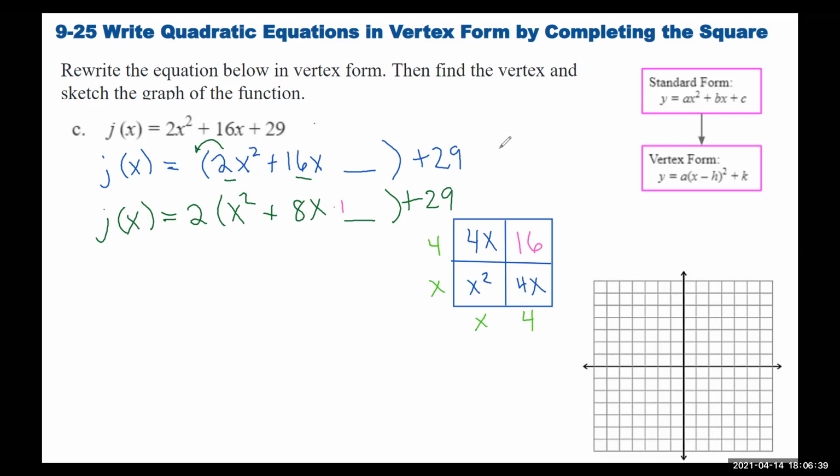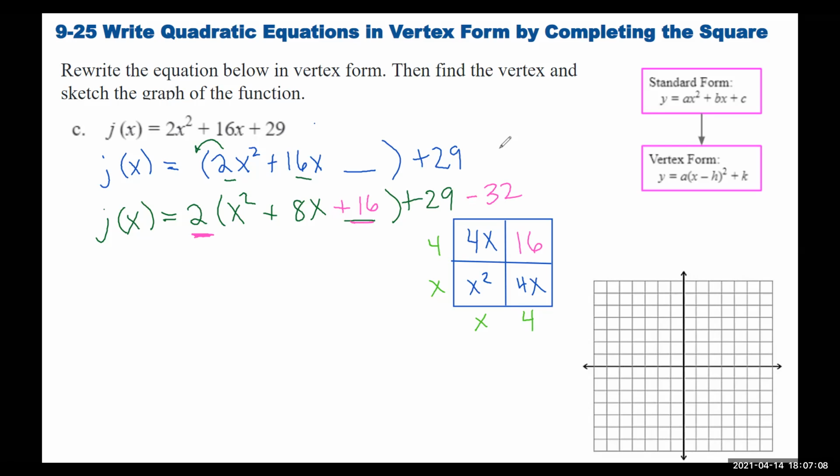So I do add 16 in here, but I'm going to have to be really careful in this next step. I'm technically not adding 16 to this equation. I'm adding 16 times 2 because the 2 would distribute in to the parentheses. So technically what I'm adding is 32, which means to keep this balanced, I need to subtract 32, or subtract 16 times 2.